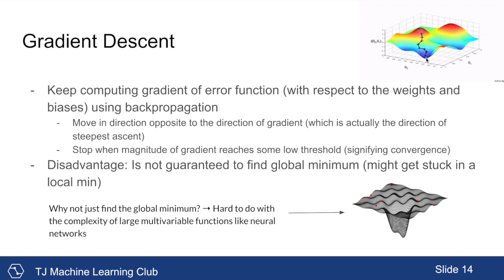But this valley actually has a lower error, and so this would maybe have been a better set of weights and biases, right? So it can get stuck at local minimums, which are flat but not the lowest points on a graph.